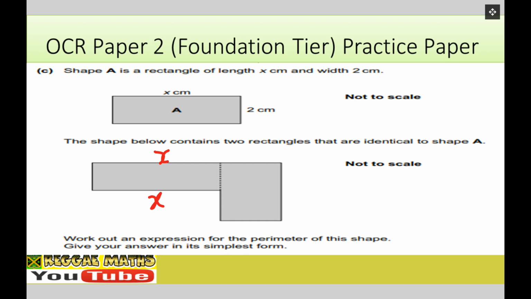Looking at that shape, that's x. We also know, okay, because I've stretched the shape out, it does not look identical. We also know that this is 2. Right, this does not look very accurate. This is 2 here.